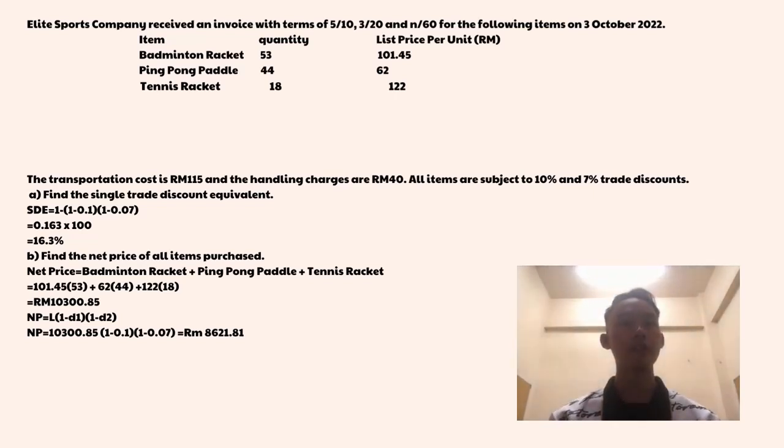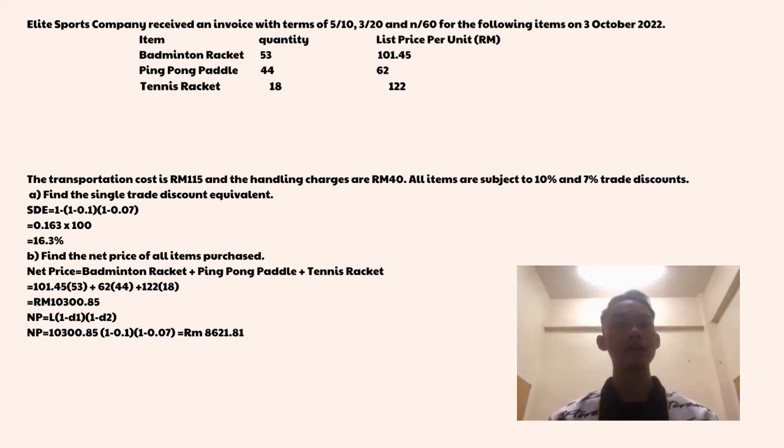Quantity of badminton racket is 53, ping pong paddle is 44, and tennis racket is 18. List price per unit of badminton racket is 101.45, ping pong paddle 62 ringgit, and tennis racket 122.